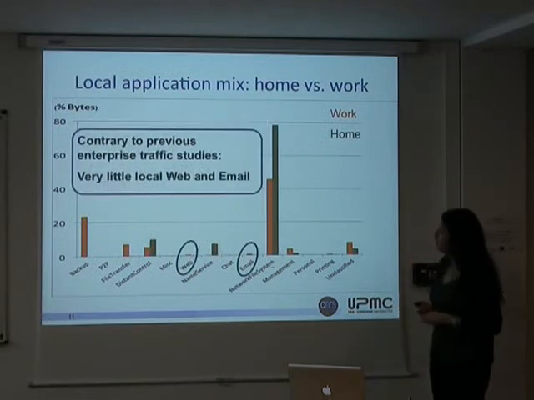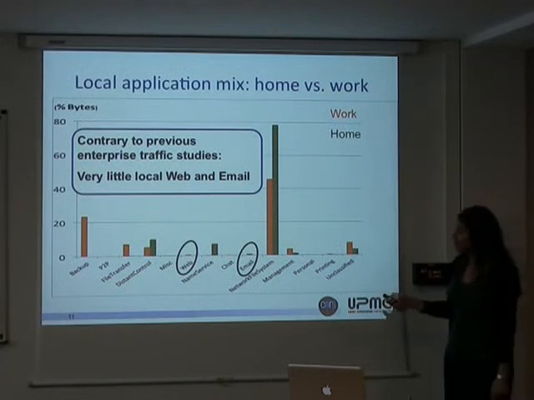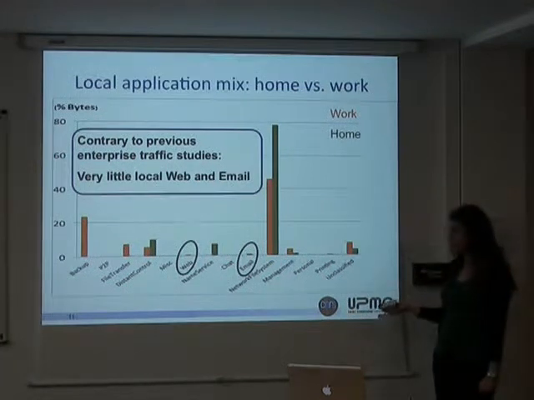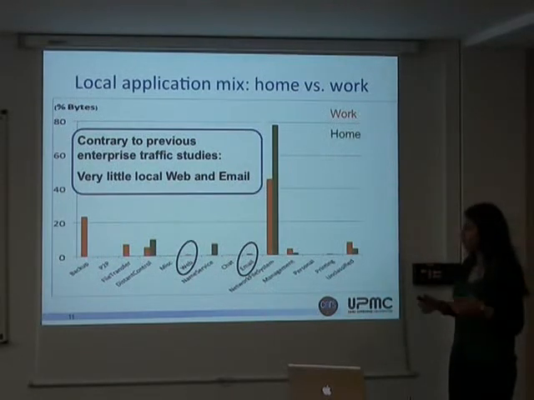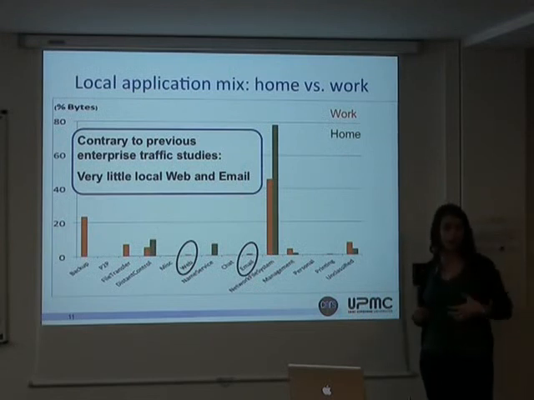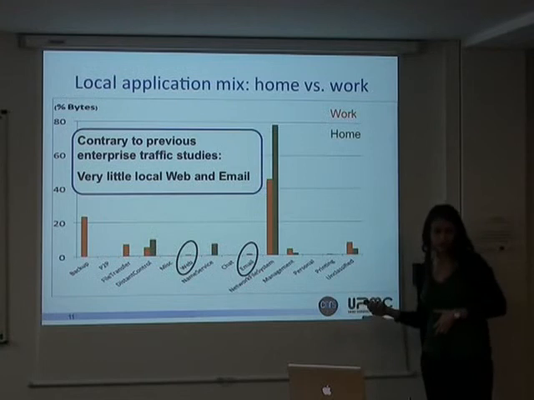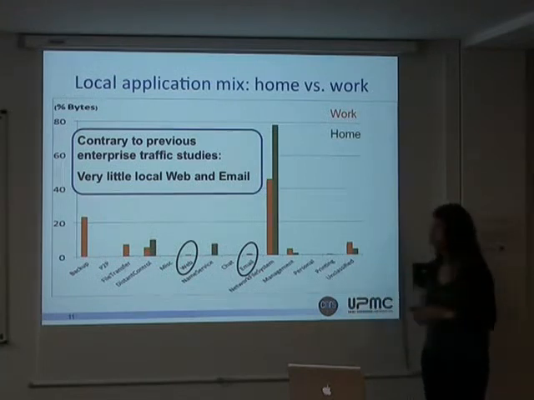And for the work case, we also have some web and email. In contrast to previous studies that had a lot of web and email, here we have just a little web and email, but this difference might be due to our users being mobile, in contrast to the users of the previous studies that were in the enterprise with fixed machines.